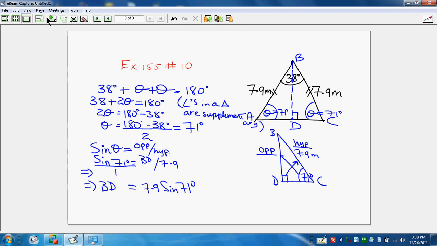Simply put that into your calculator. If you work that out, you will find that in this case it will be 7.5 meters. So BD will be 7.5 meters, and that will be the answer that you're looking for.